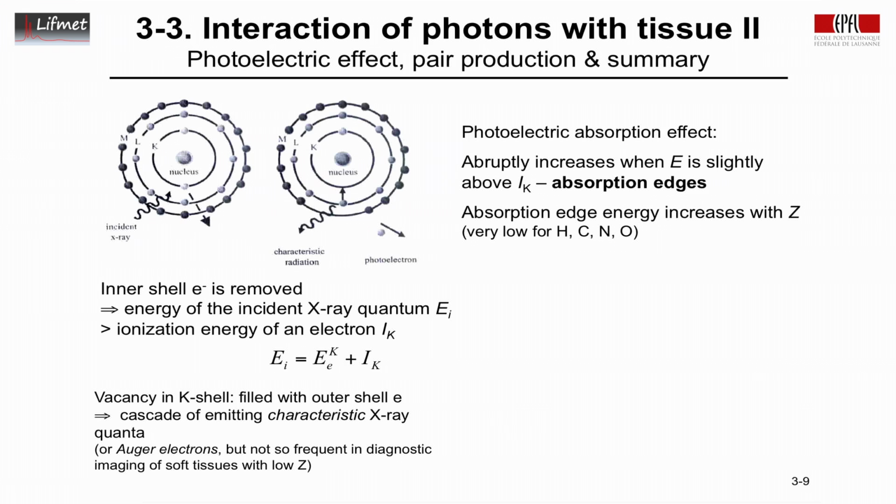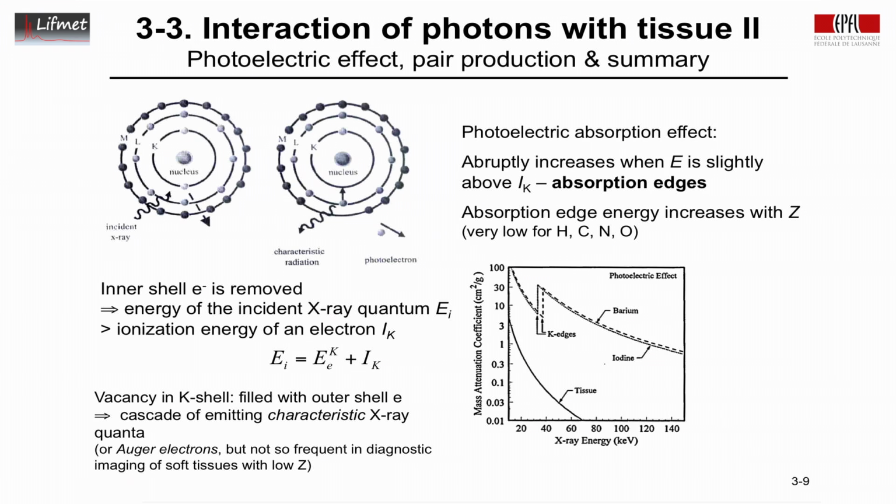The absorption edge energy is a reflection of the binding energy of the inner shell electrons, and therefore, as we've discussed last time, it makes perfect sense from Coulomb's law that this is proportional to the number of protons, which is therefore proportional to the atomic number Z.